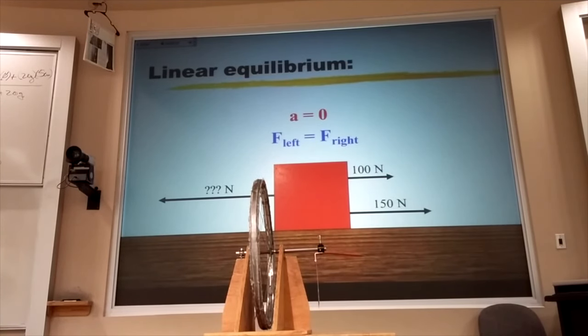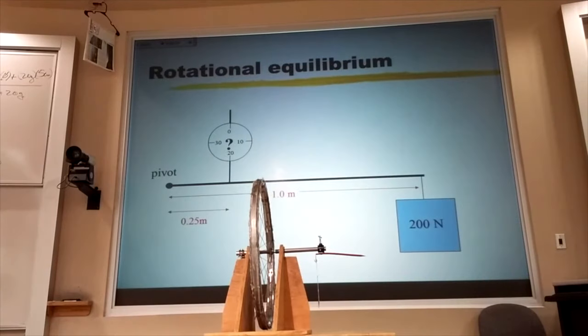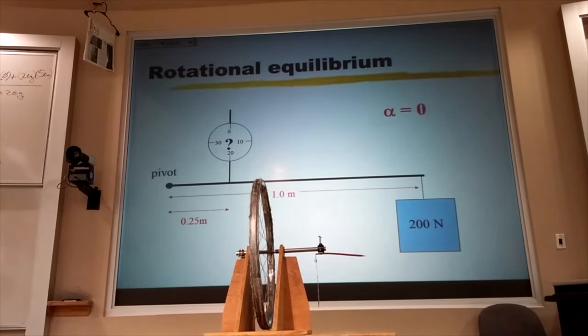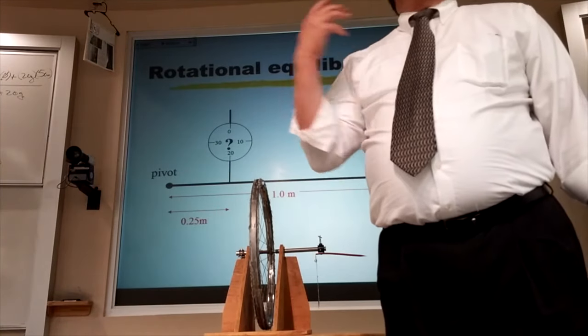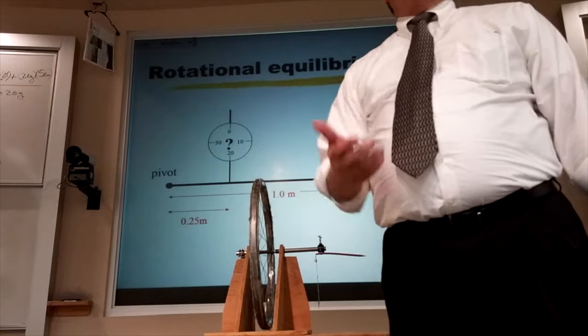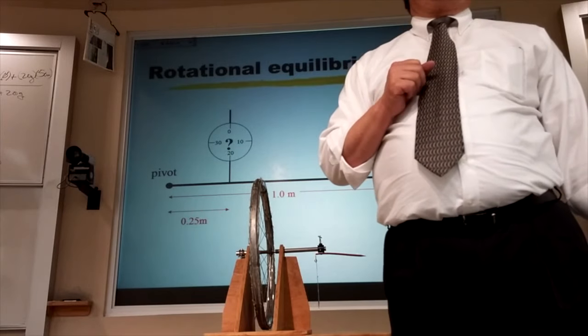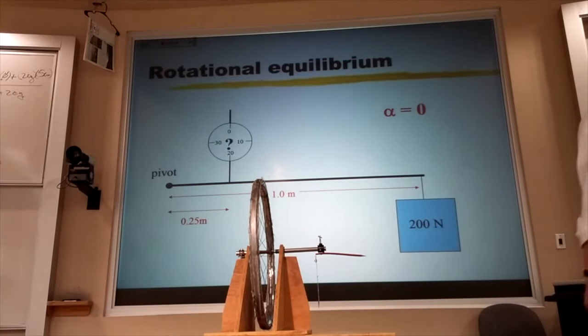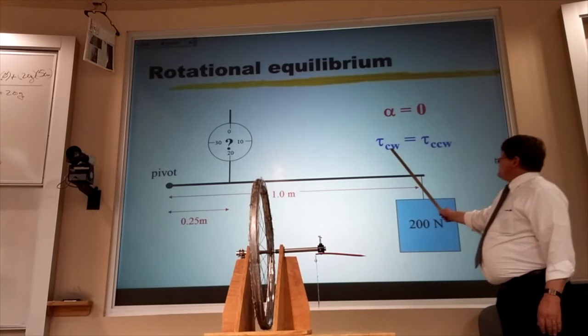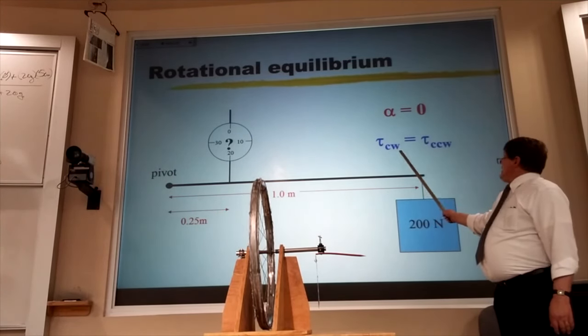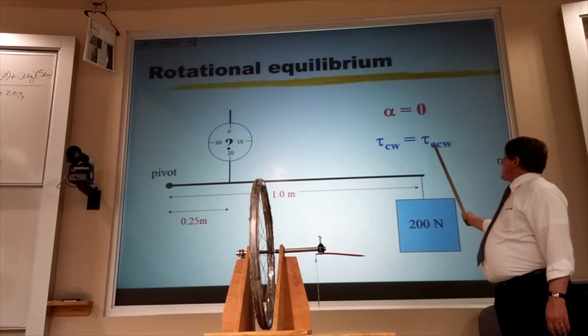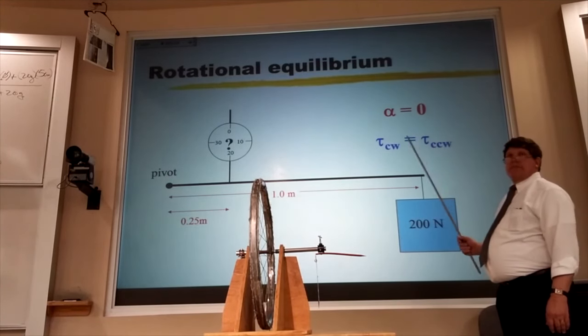It's that simple. Now in rotational problems, what we have is a zero angular acceleration. This thing is not rotating clockwise, it's not rotating counterclockwise. And that means all the torque that's trying to make it go clockwise has to balance all the torque that's trying to make it go counterclockwise.